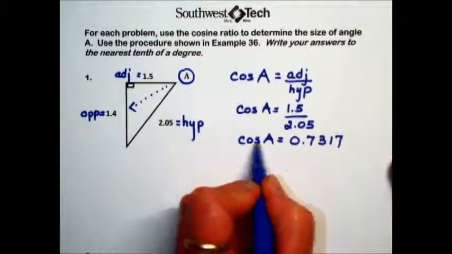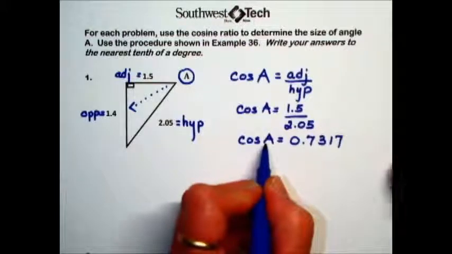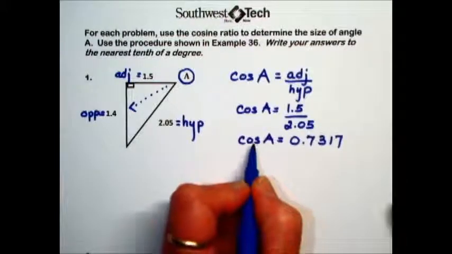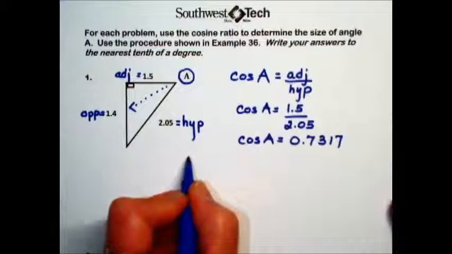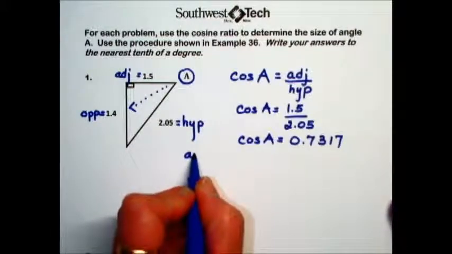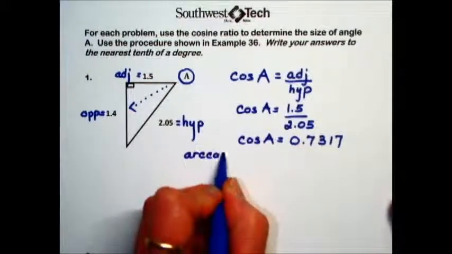To undo cosine, we will take the inverse of cosine, which is the arc cosine of both sides.